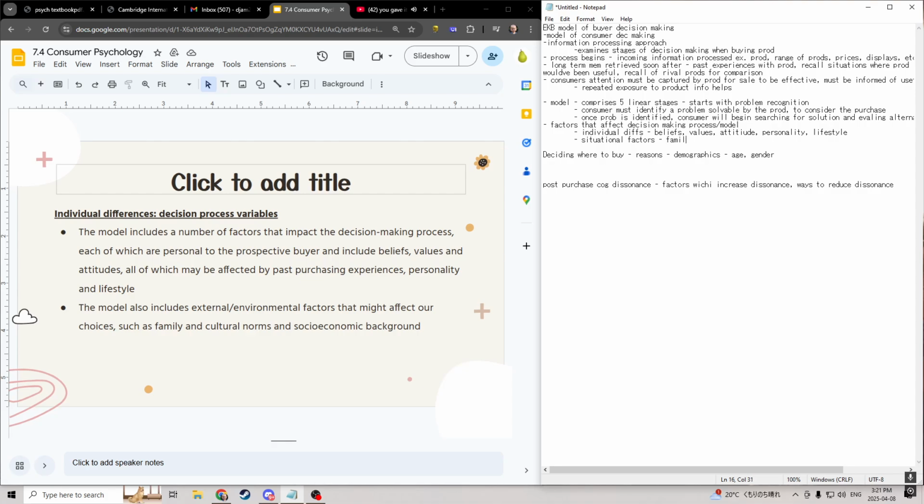Family, culture, cultural norms is good as well. Cultural norms, socio-economic status, background.